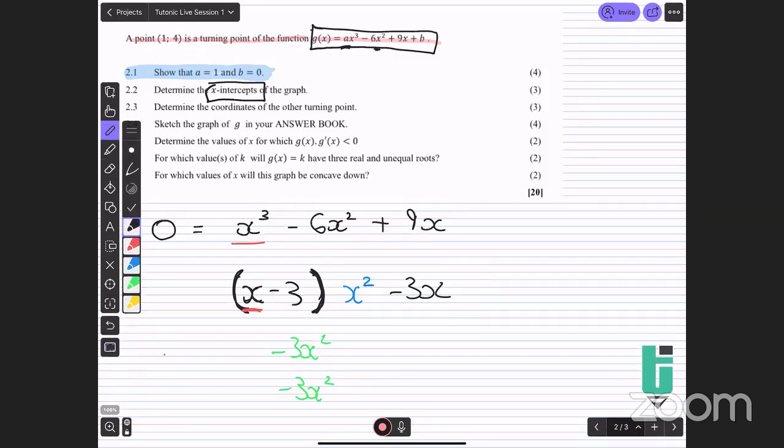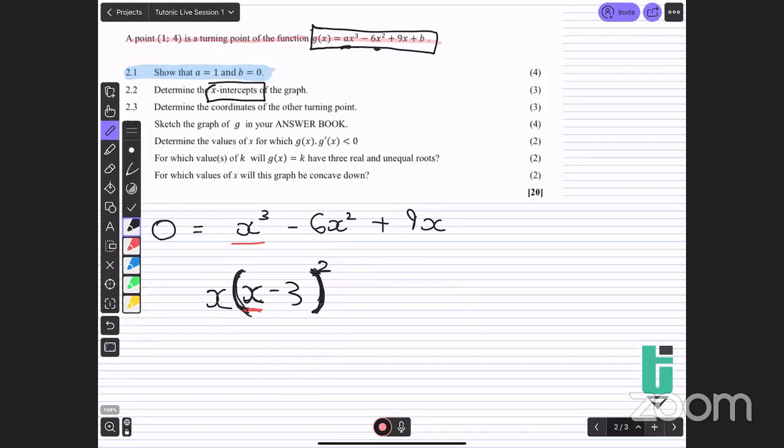So what does that mean? We have found x minus 3 squared. And remember we said whenever we have a square in the cubic equation of a factor, that becomes a bounce point.